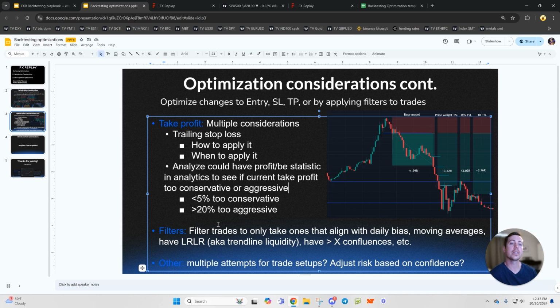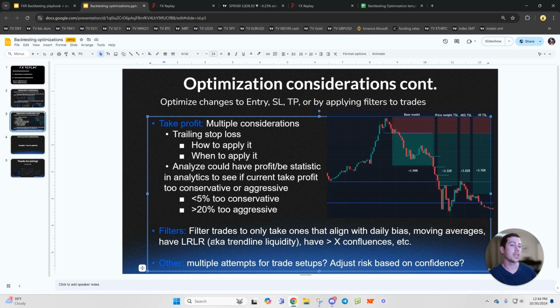Some other considerations are whether there are certain filters you could apply to the trades in your backtest that would help filter out losers, or add additional confluences. So maybe you only want to take trades that align with a certain daily bias, that follow the trend, maybe aligning with moving averages.